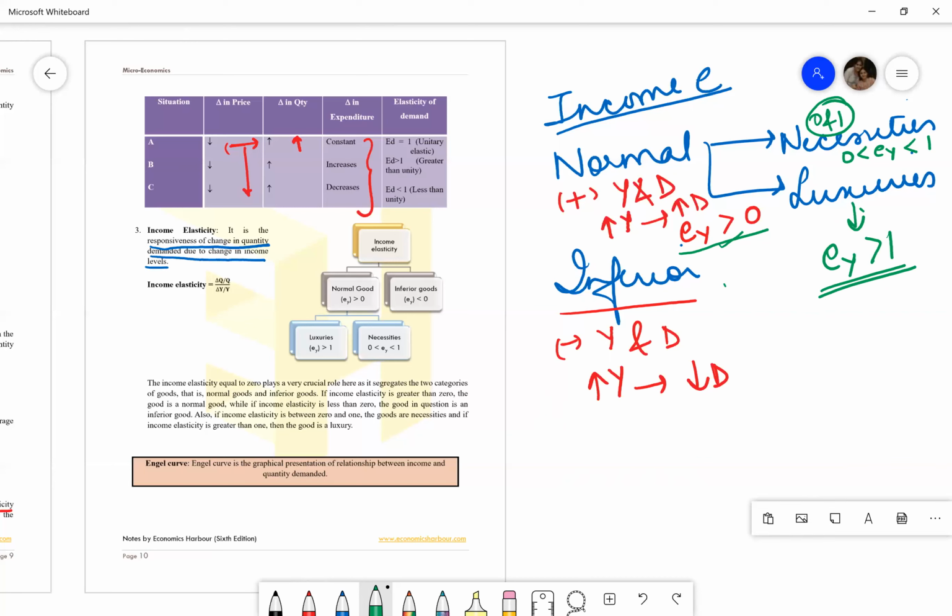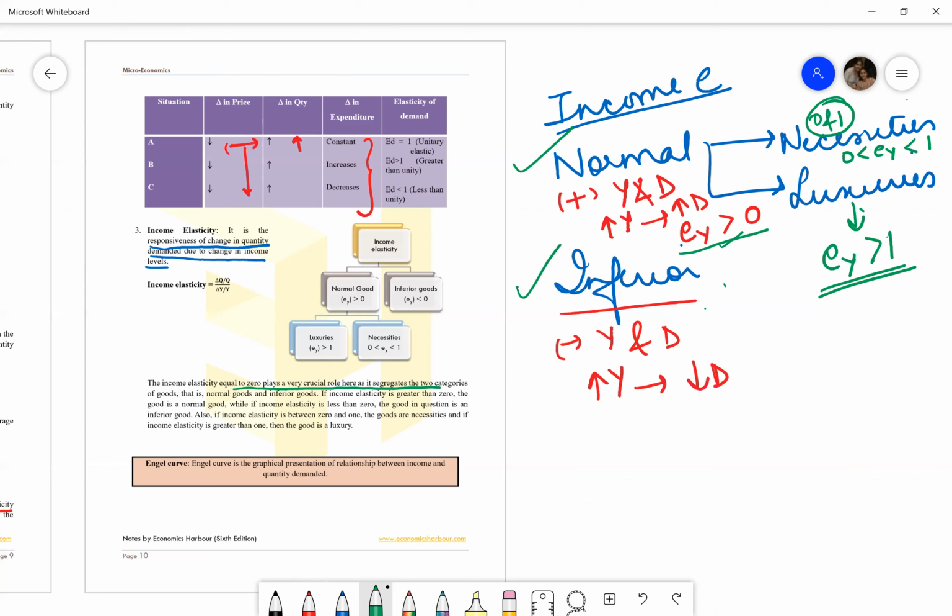I'll just read out what this states. Income elasticity equal to 0 plays a very crucial role here, as it segregates the two categories of goods, that is normal and inferior goods.